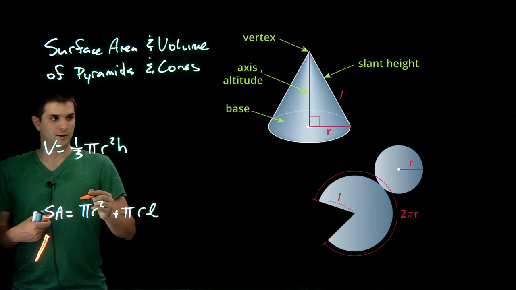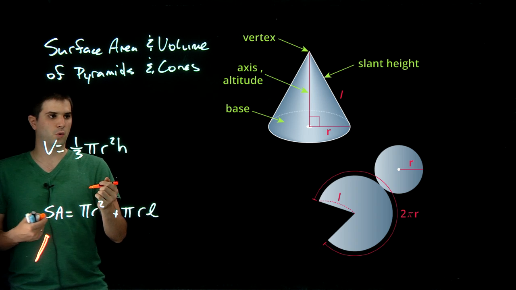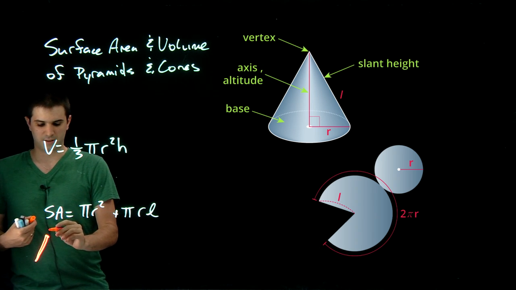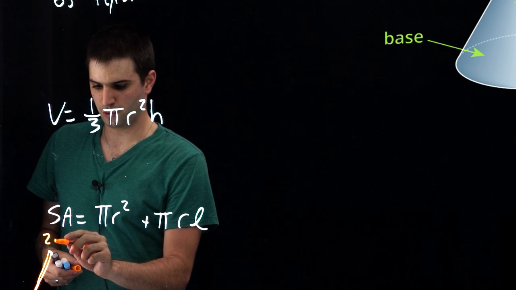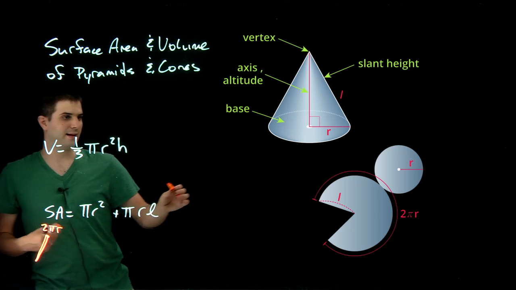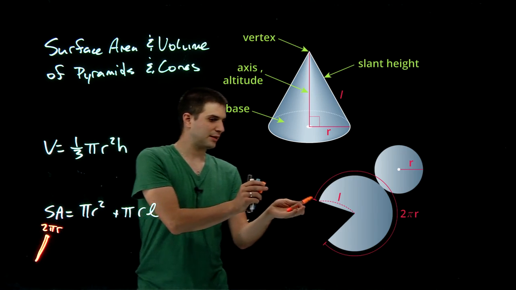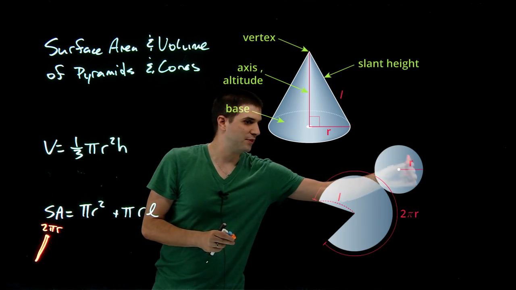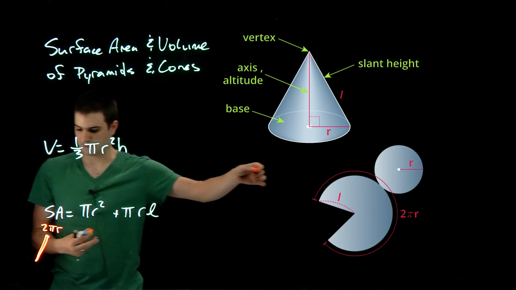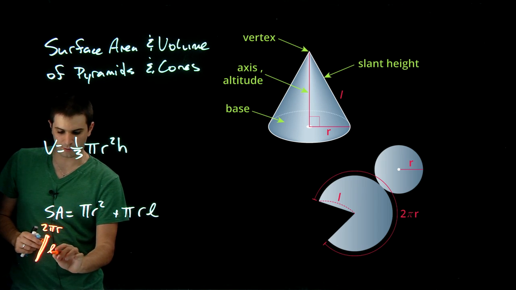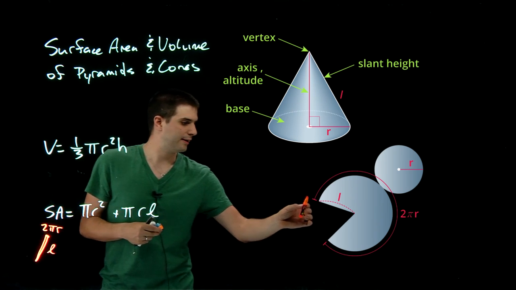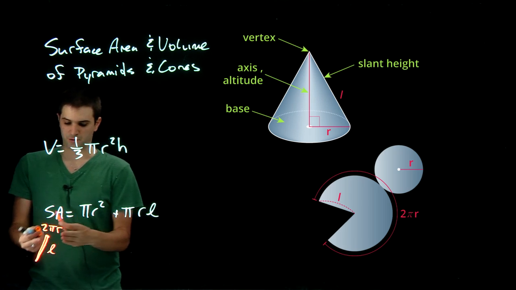This distance is going to be 2 pi r. If we shrink this down into a little wedge, then this distance here is 2 pi r, and this is going to be L. Again, right here is L, and so that would be here.